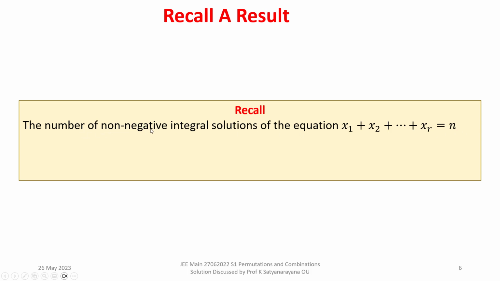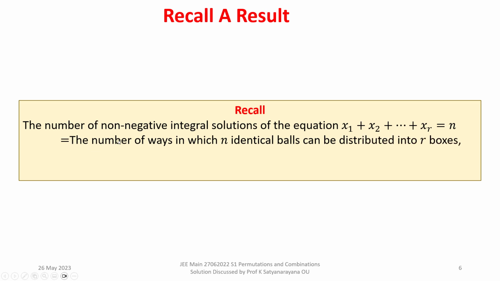This is the same as finding the number of ways in which n identical balls can be distributed into r boxes where one or more boxes can be empty, and that number is n plus r minus 1 C r minus 1.